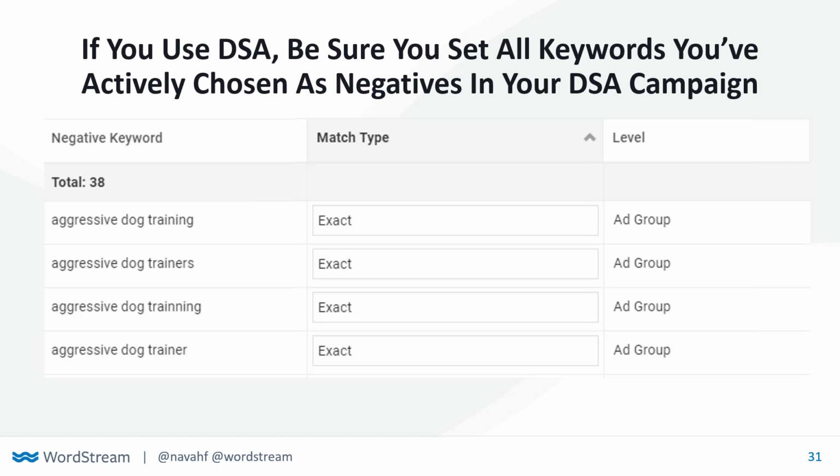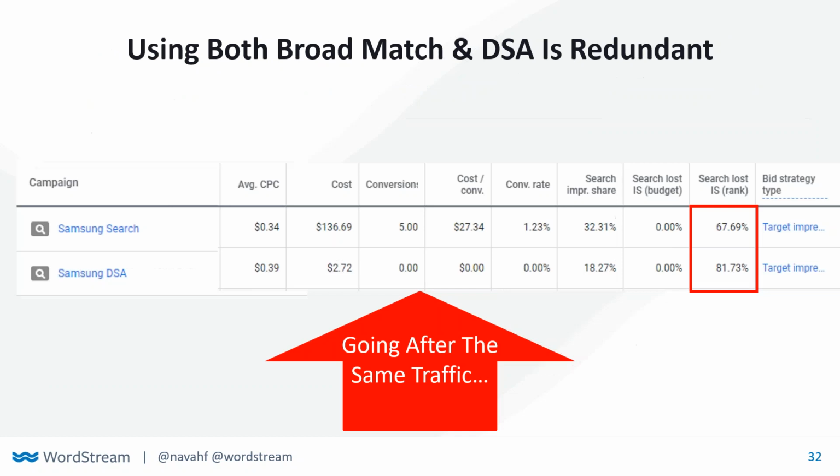Now, when we're thinking about DSA, it performs a very similar function to broad match. So only one word has to be there and it could be a synonym. You do not want to run both DSA and broad. The reason for that is that because they perform the same job, they are the most likely to basically compete with each other.